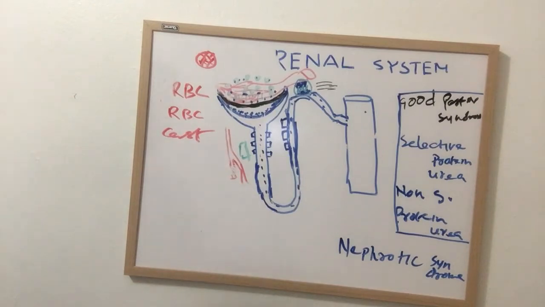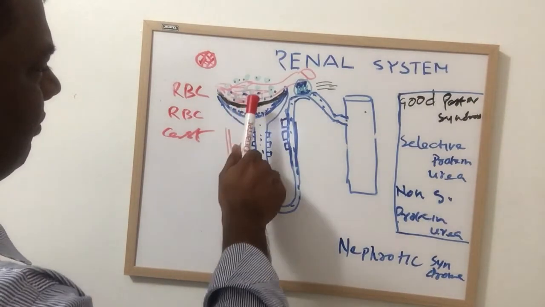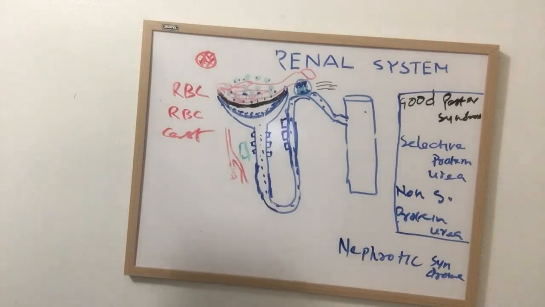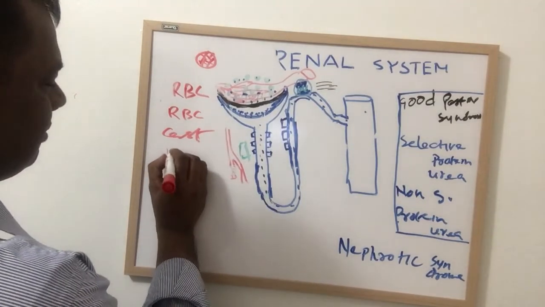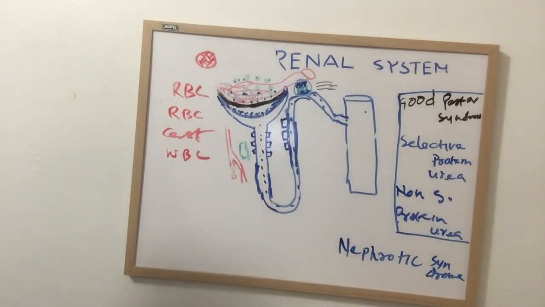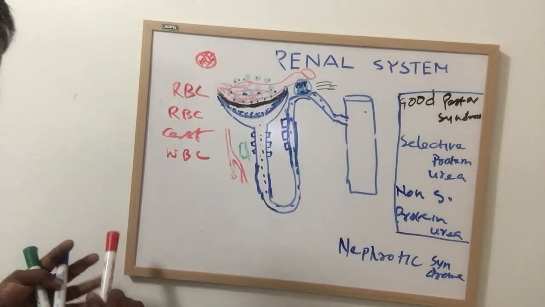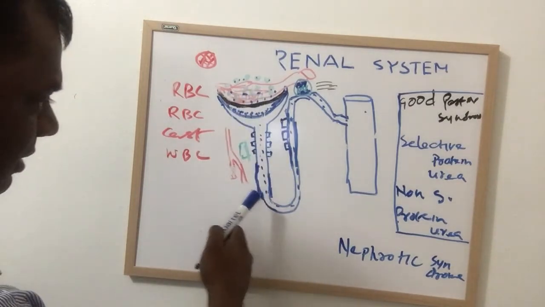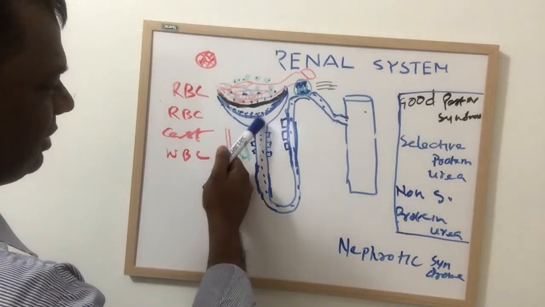Then WBC can come in. Then the complement system can come and enter into the Bowman space.